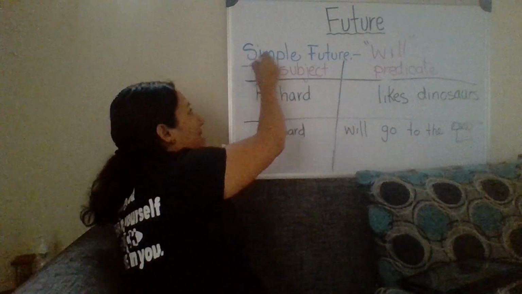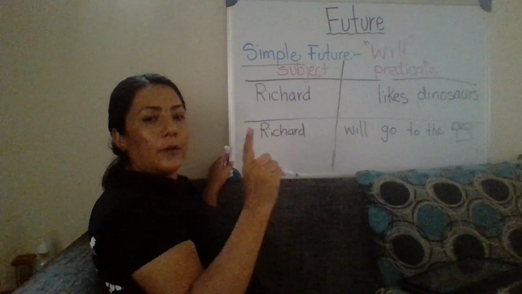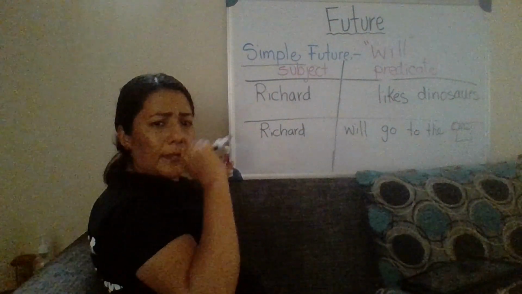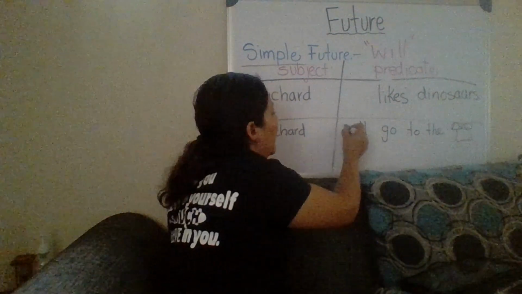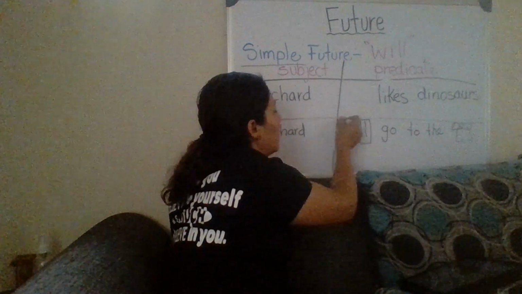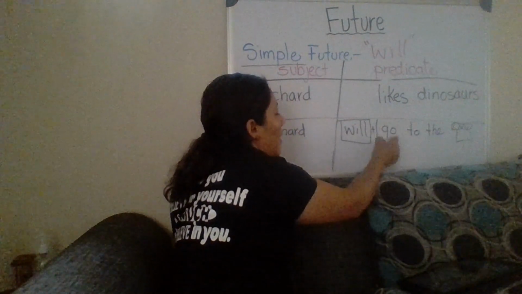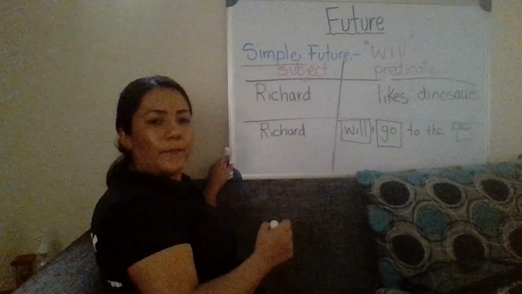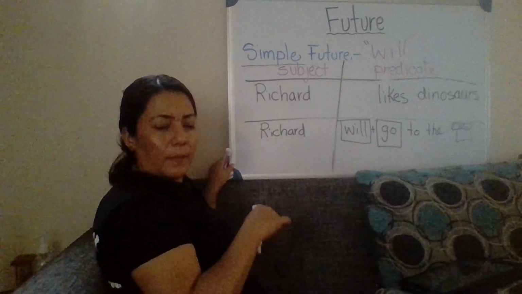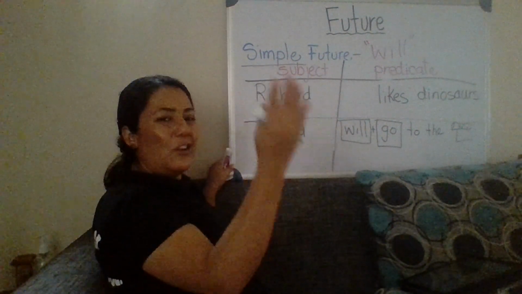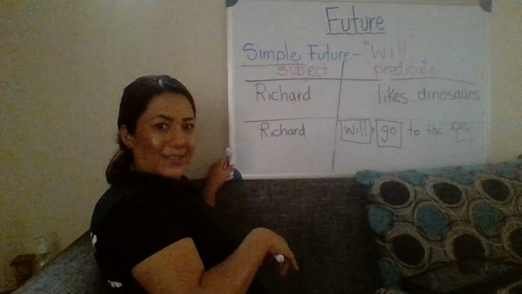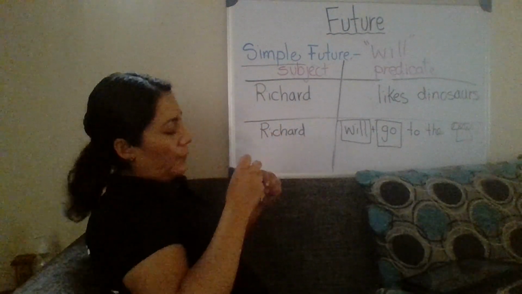Because for simple future, the grammar rule is will plus the verb in its base form. Base means normal, regular verb, no changes. Okay? That is simple future.